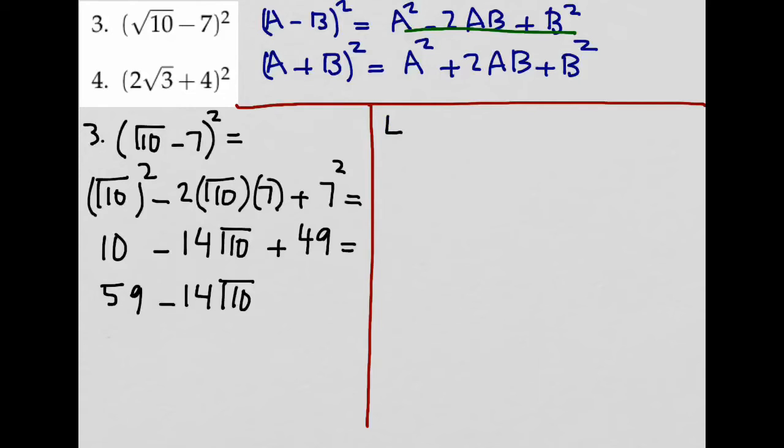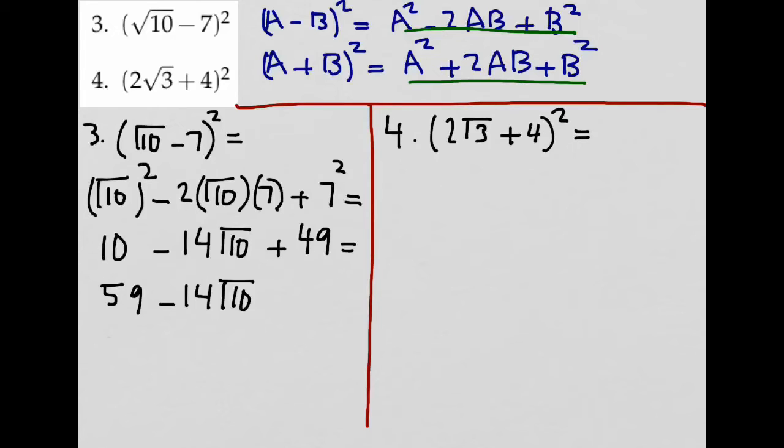Example 4, let's simplify 2 square root of 3 plus 4 quantity squared. This is of the form a plus b quantity squared, which expands as a squared plus 2ab plus b squared. Here, 2 root 3 is playing the role of a, and 4 is playing the role of b.